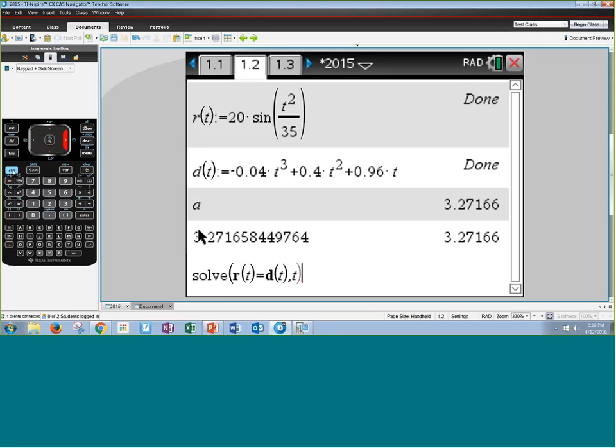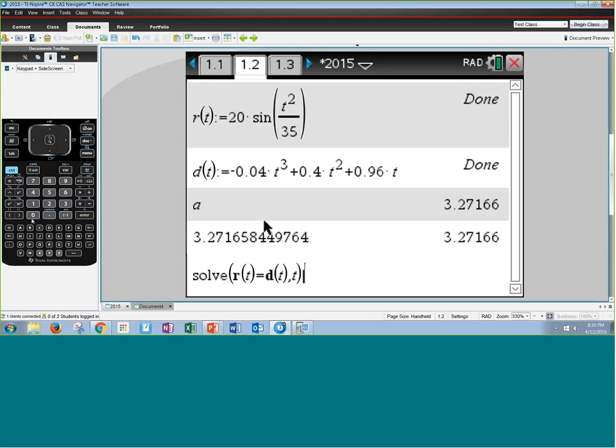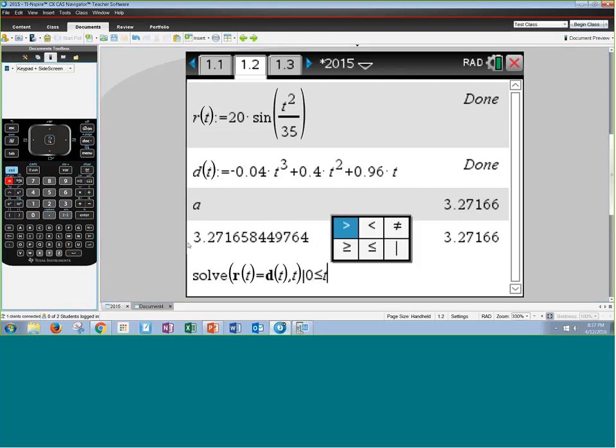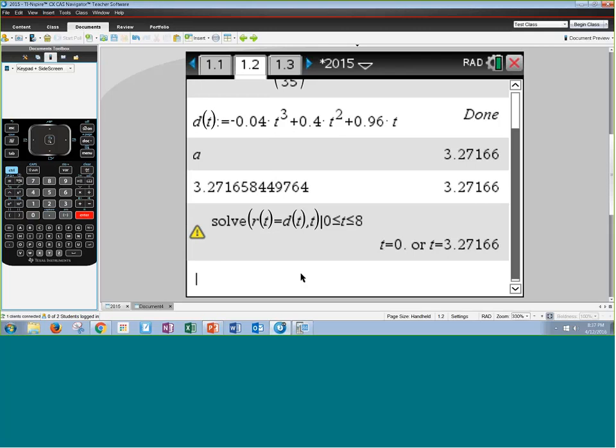And the way that they do that is with control equals, and we want the such that. And then they can type in 0 is less than or equal to T is less than or equal to, I think it was 8. And when I hit enter, I'll get the 2 solutions, which are 0 and 3.27166.